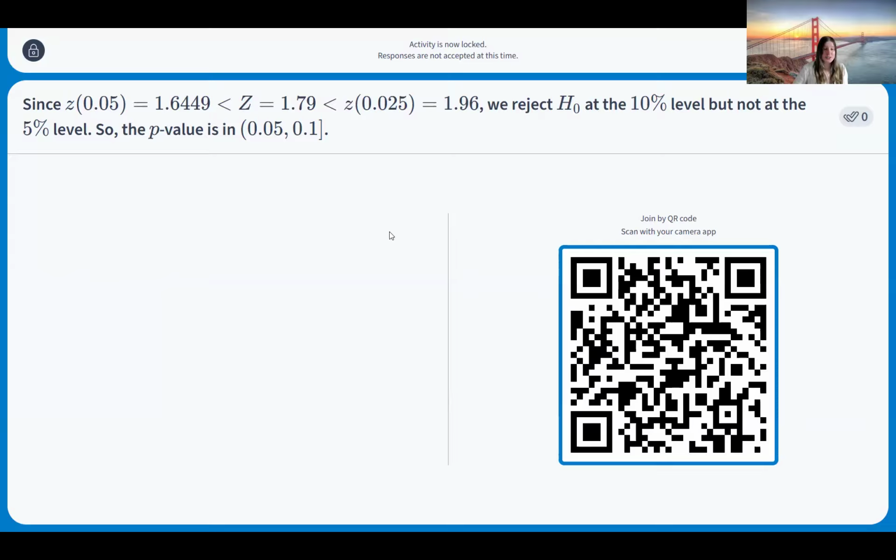For example, in this case, I would ask them, can you find the exact p-value? How would you calculate the exact p-value? And then hopefully they can think about it instead of waiting around for the other students to finish.